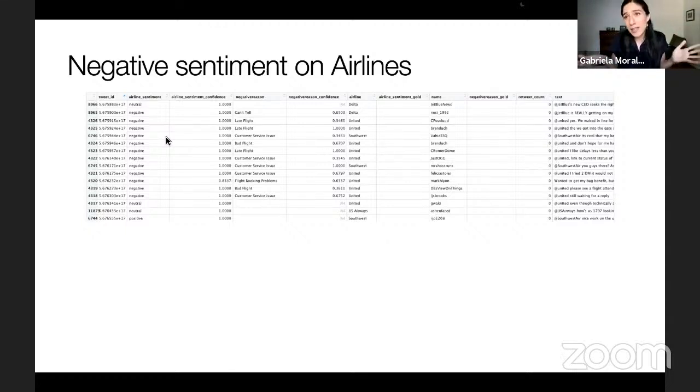So this is one thing you could show. Here we have a data set, and this will be important to answer our question. We have the tweet ID, the sentiment, if it's neutral, negative, or positive. We have the confidence on that decision, negative reason, negative confidence, airline, name of the person who tweeted.